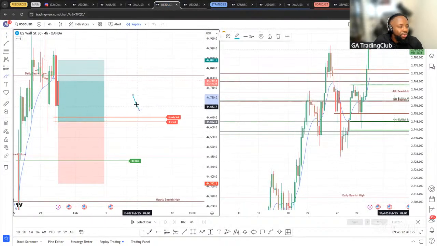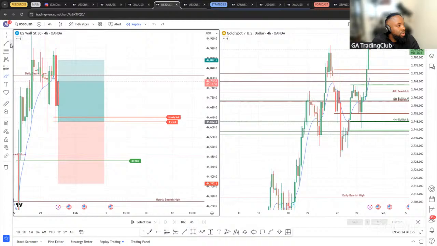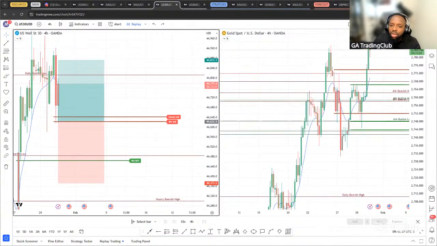On the 4 hour time frame, there's this trade that's running for US 30, which aligns with my 1 hour time frame entry. Give me 1 second. Let me see gold rejection. Let's see zones.